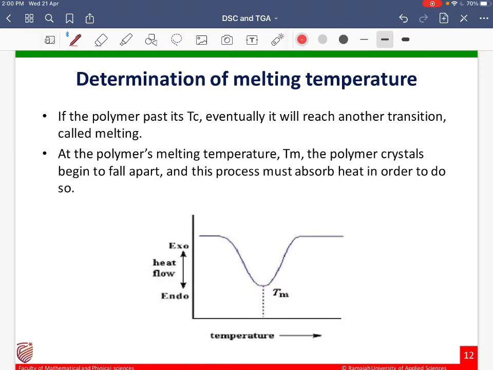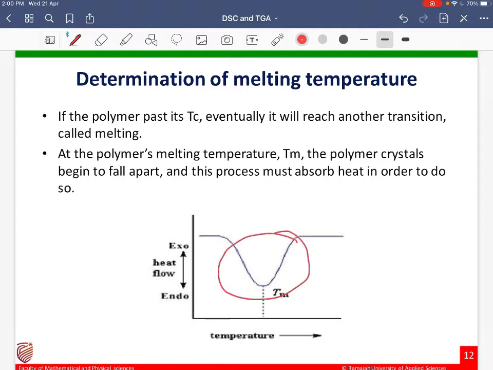How will we determine the melting temperature? To measure melting temperature, we have to heat the sample from low temperature to high temperature in differential scanning calorimetry. If the sample passes its crystallization temperature, eventually it will reach another transition called melting. When it melts, we know that is an endothermic process. We require some extra heat to give to the sample to maintain a zero temperature difference.